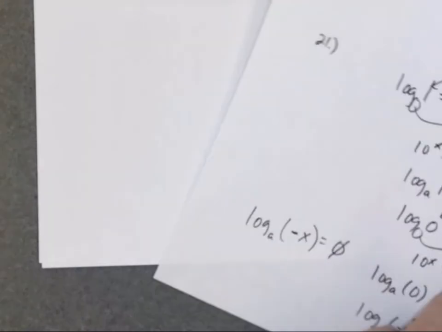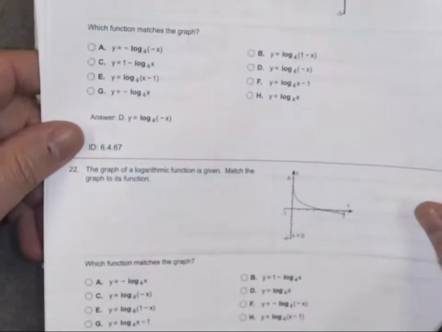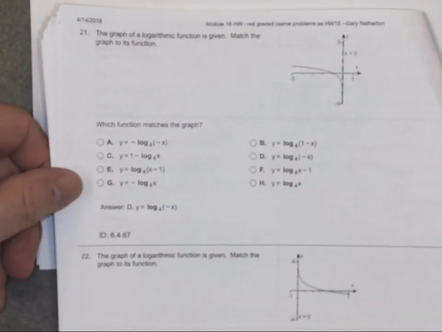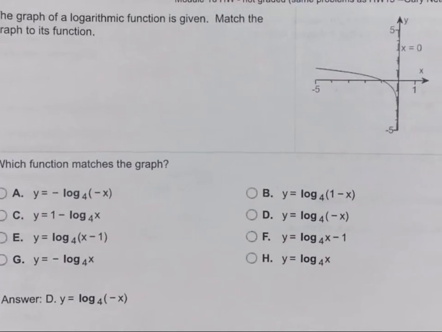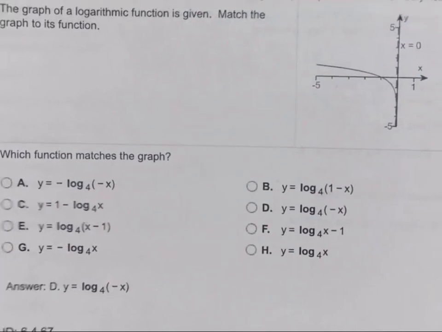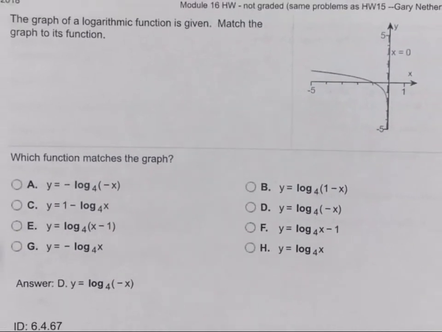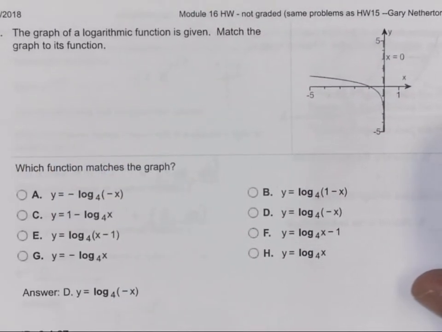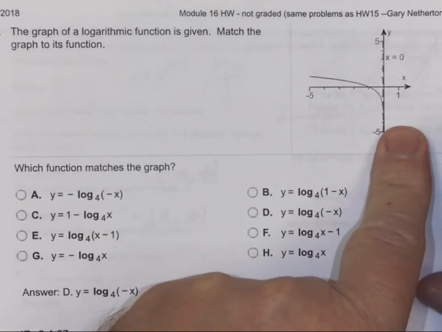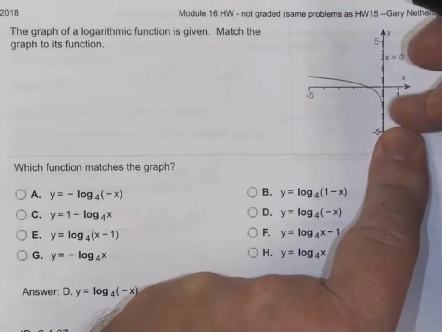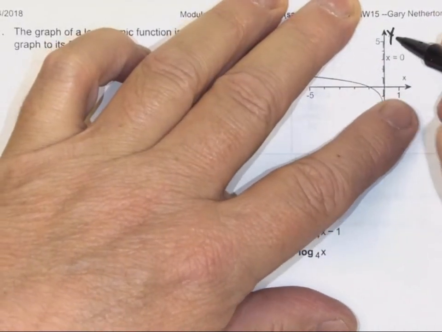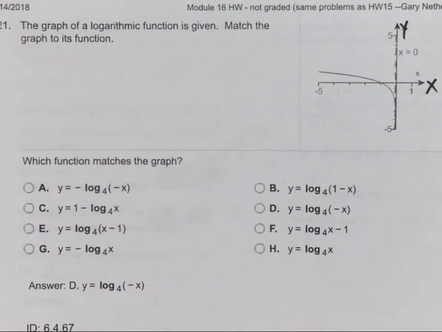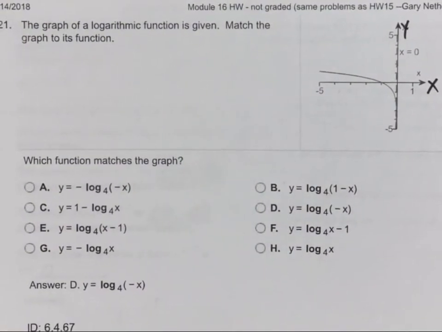So let me show you how. Hopefully this won't be confusing. Sometimes these graphs are the worst thing about logs. So here is my graph. Once again, you can see y is here and x is here. Let's pick a point.